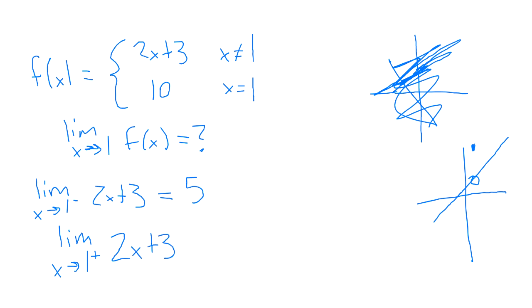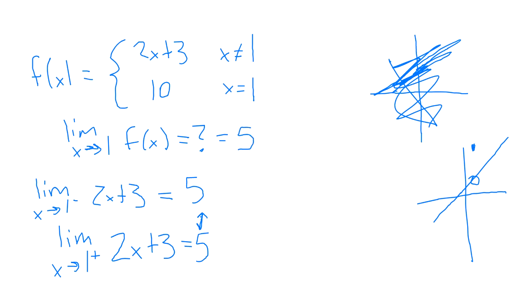Since we're going from the positive side, we're plugging in 1.00001 for our x. So 2 times 1.00001 is essentially 2. So therefore, our limit would end up being 5 once again. Since these two equal each other, then we can say our limit as x approaches 1 is 5.